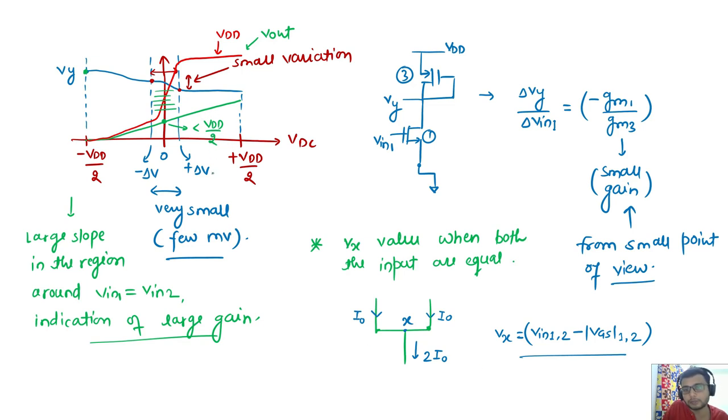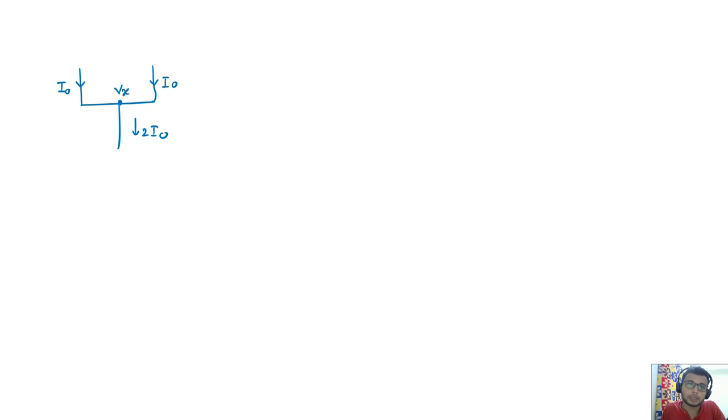I mean to say this Vx is one Vgs less than the common mode value. This is the case when common mode equals VDD by 2, input 1 equal to input 2 equal to common mode.